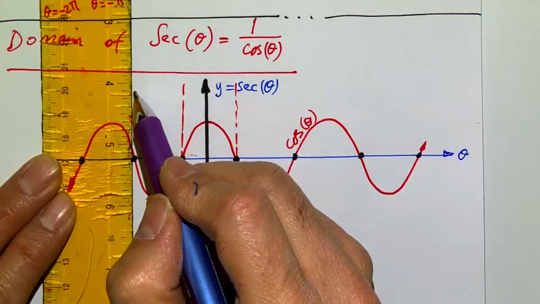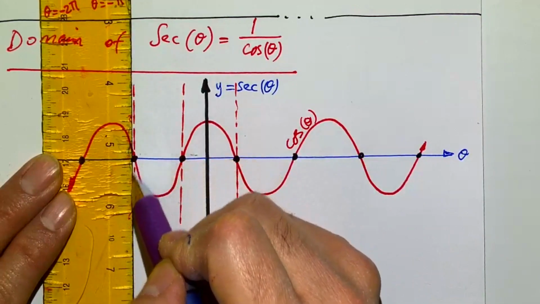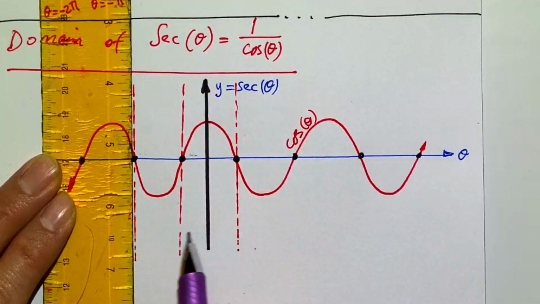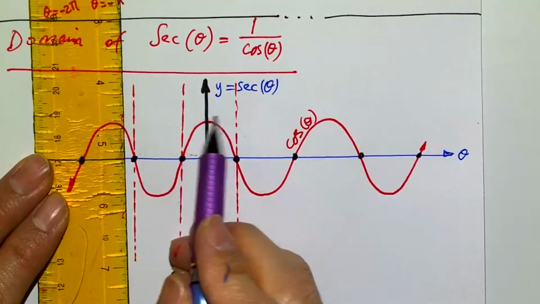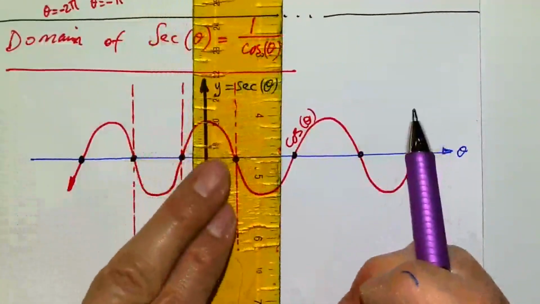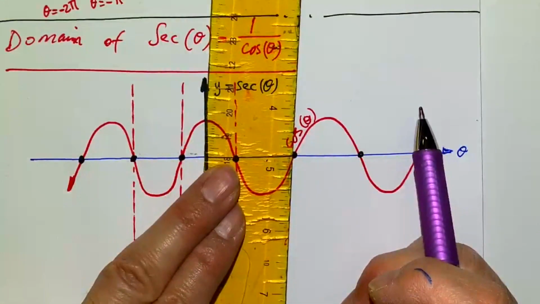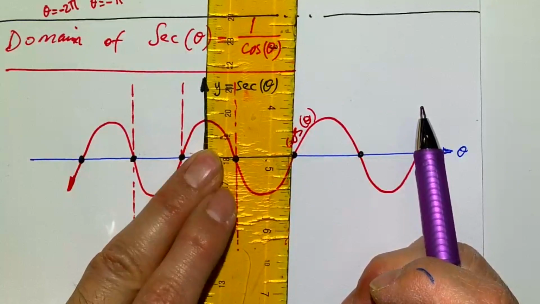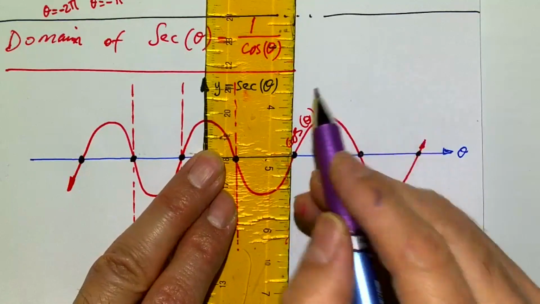This graph didn't turn out to be too bad because the distance between these dashed lines is almost equal, right? Not too bad. And let me also draw another one here. Another one right there.